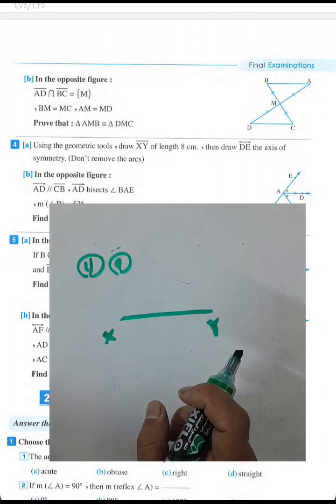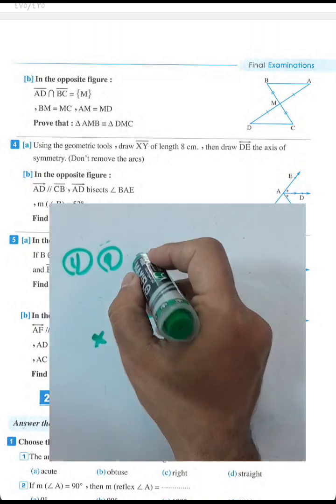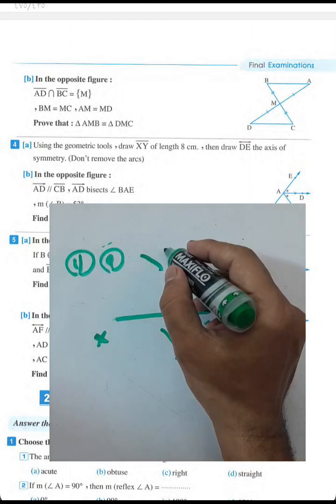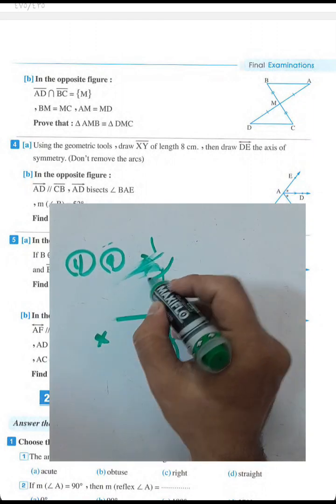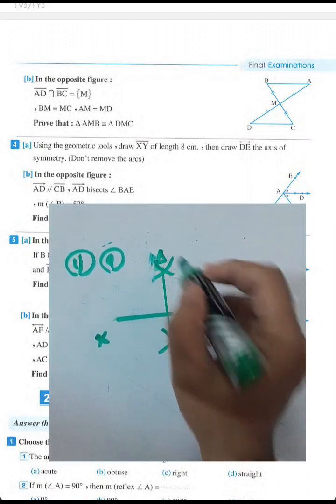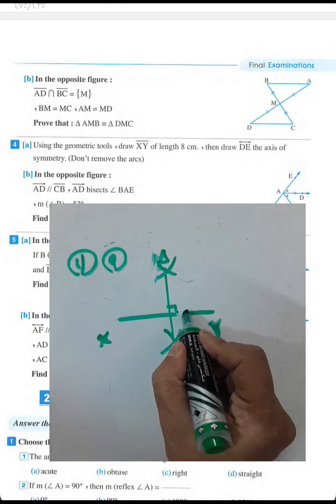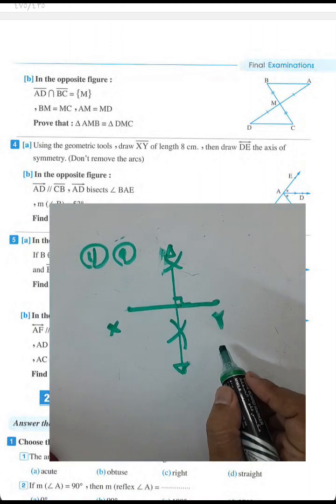Okay, we can use a compass to draw arcs from X up and down and from Y up and down, and then draw a straight line through the 2 points here. Then it will be perpendicular to XY.